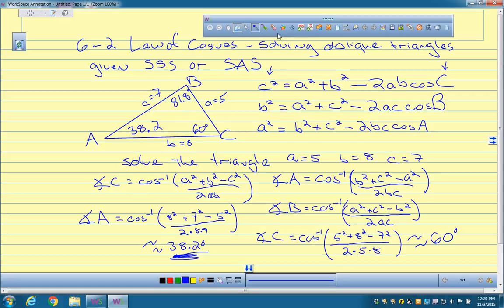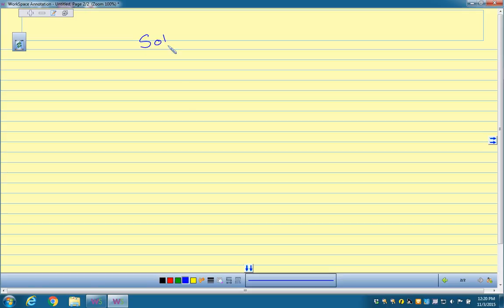Okay, so let's do one where you're given one angle and two sides. Solve the triangle where C is 111 degrees.